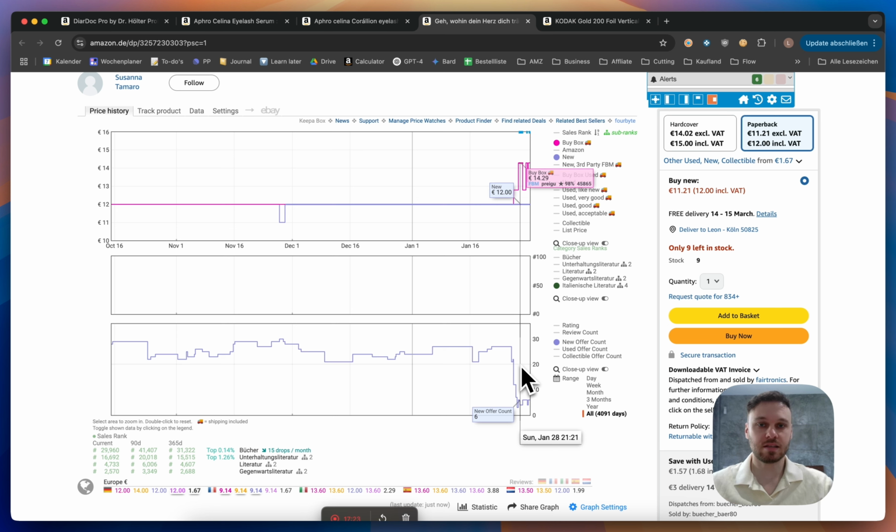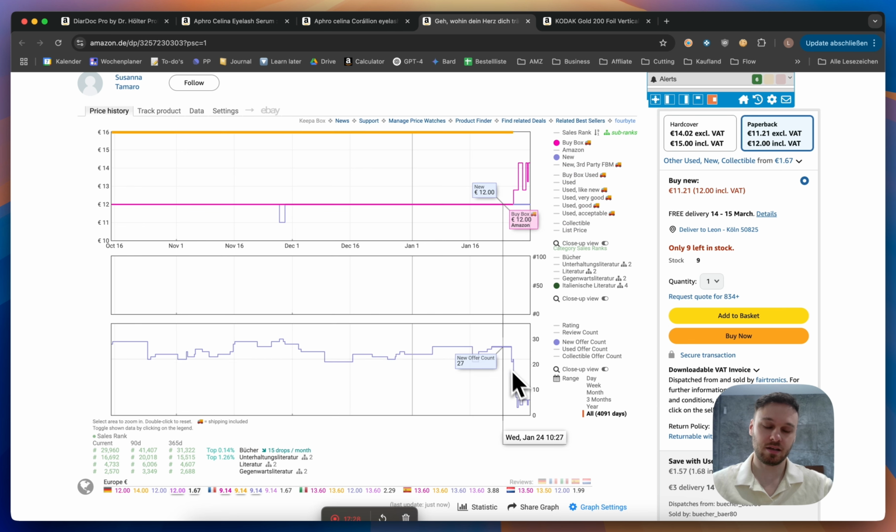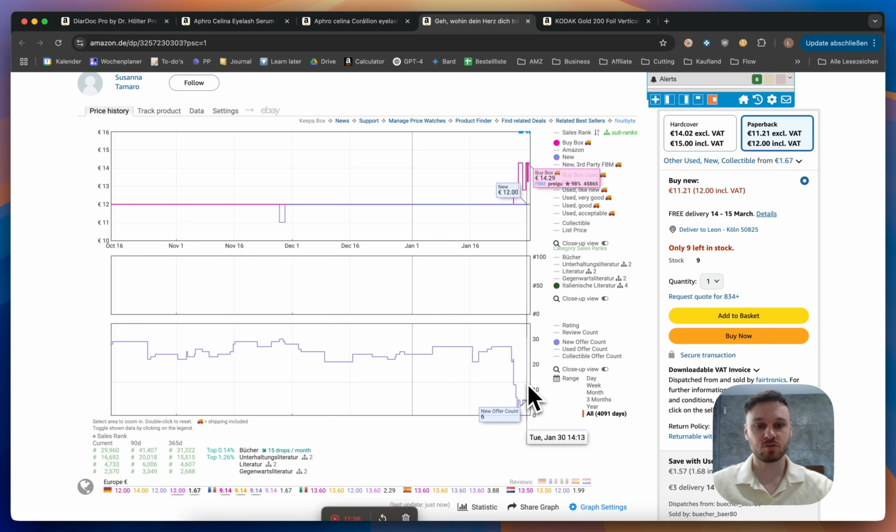But that's a case that doesn't happen too often when you see an offer decline like this. But as always, you should still use your brain and look out for signs like that as well. So if there was like a super hard decline in the sales rank as well, so the sales rank dropped super hard, it could really also be that everyone just went out of stock. But usually then you are also having a decline that's not that hard.